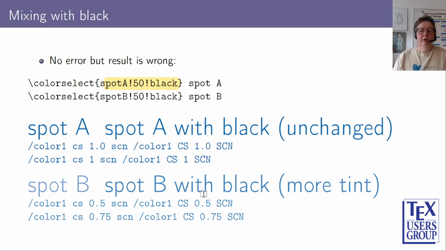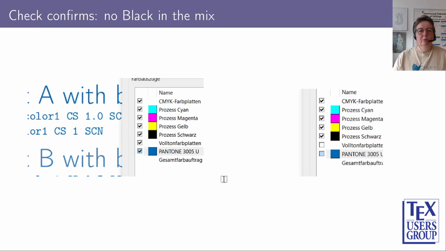Spot B gets a bit darker as it had more tint, but this is not what we want. We want more black. We don't want only more tint. And if we look at this in the check dialog again and remove our Pantone color, then we can see that everything disappears and there is no black at all.